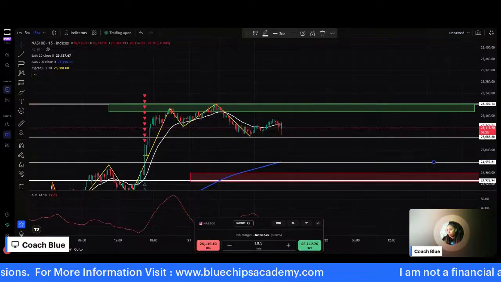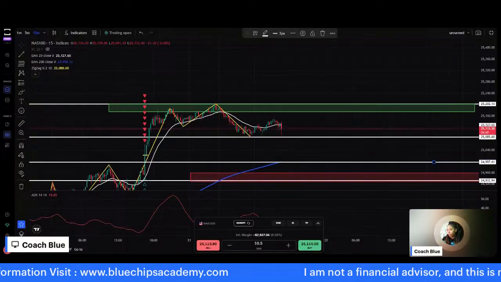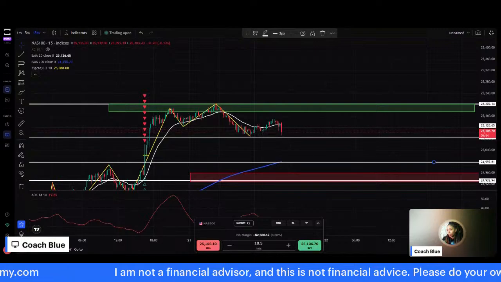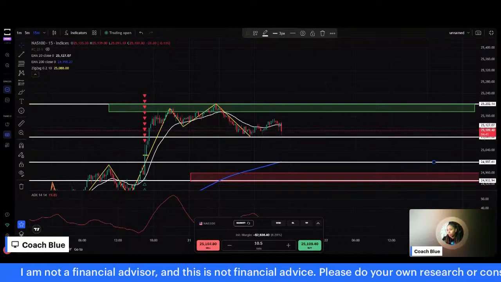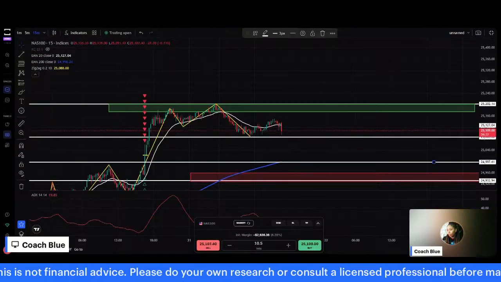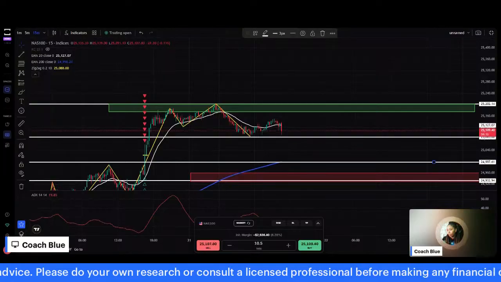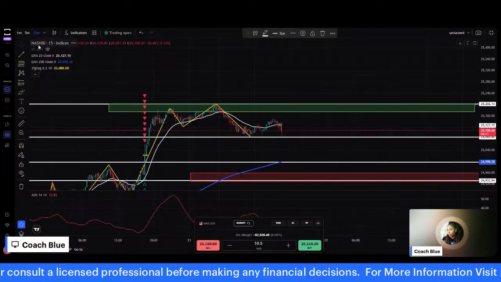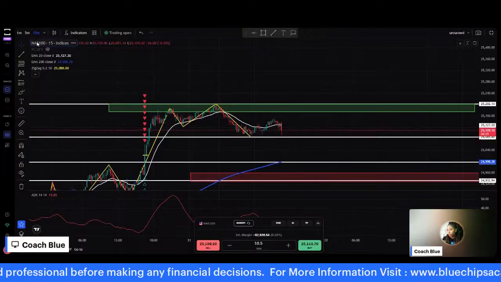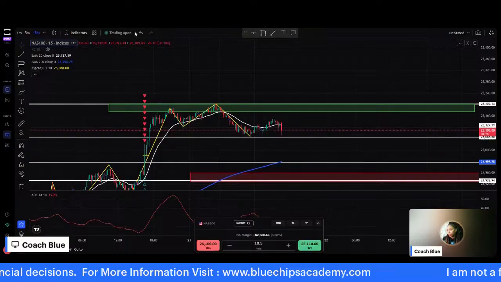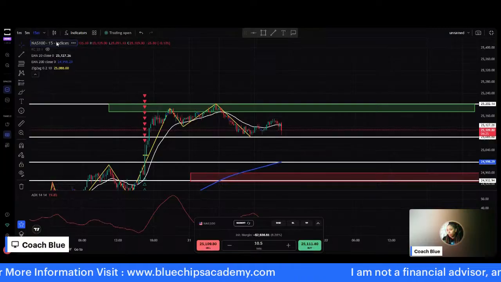While we wait for NASDAQ, we can take a look at a couple of other pairs here. So AUD USD had a nice little crossover. You guys got into that one. For those of you who aren't familiar with the crossover method, it's a very simple method.